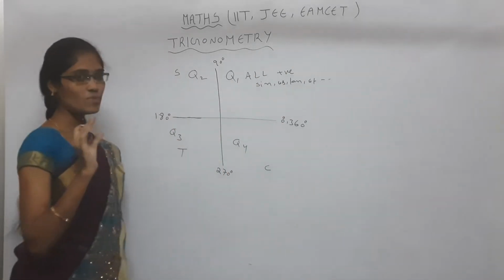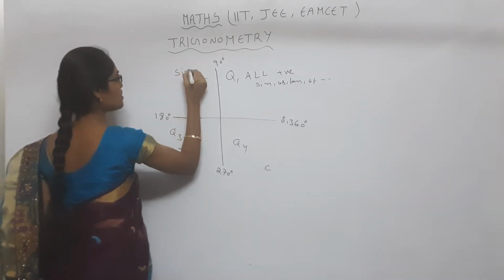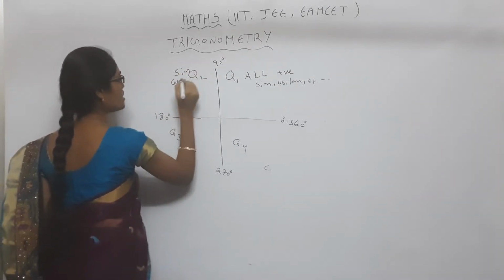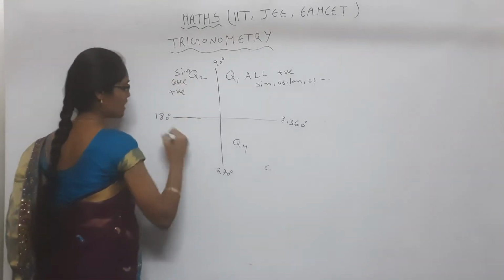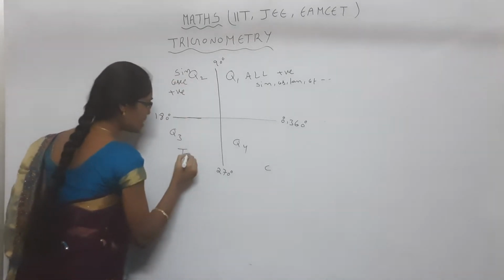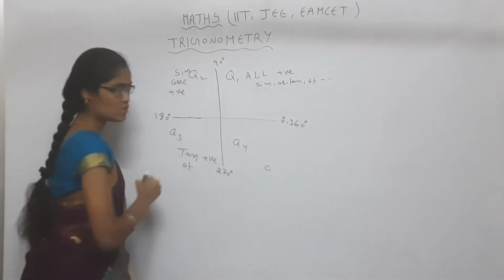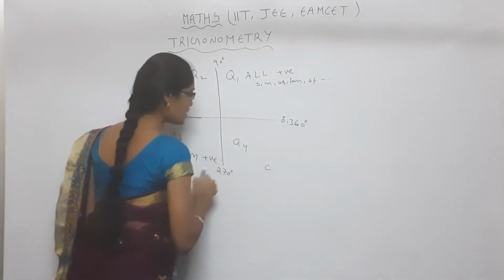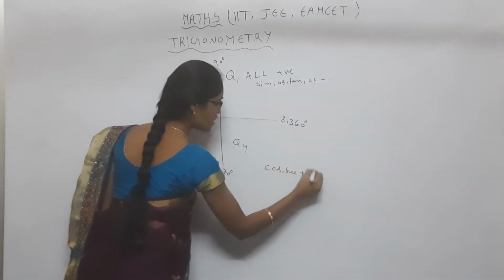Here S means sine and cosecant: sine and cosecant are positive. In the third quadrant, T means tan and cot are positive. And cos and secant are positive in the fourth quadrant.